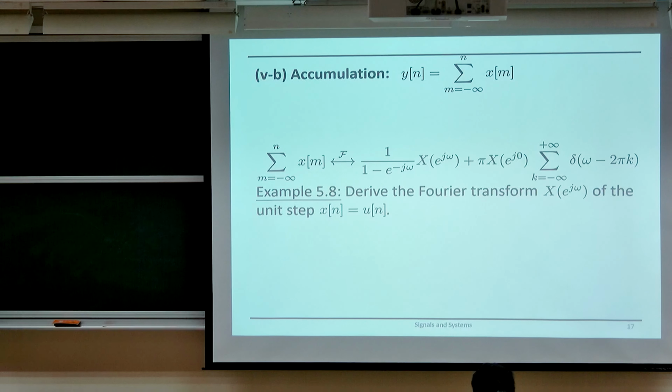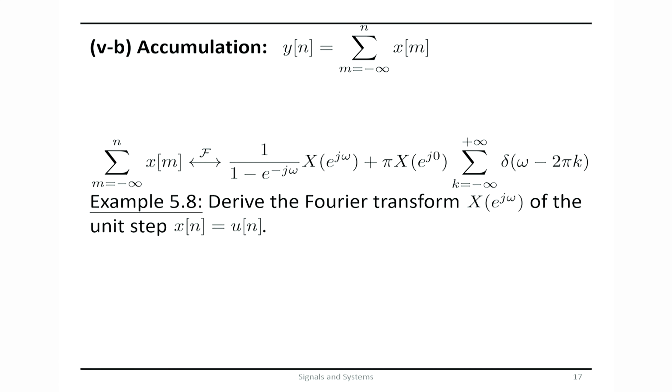Now we know from the differencing property that if you take y[n] minus y[n-1], from the above equation, we know that this will give you x[n].